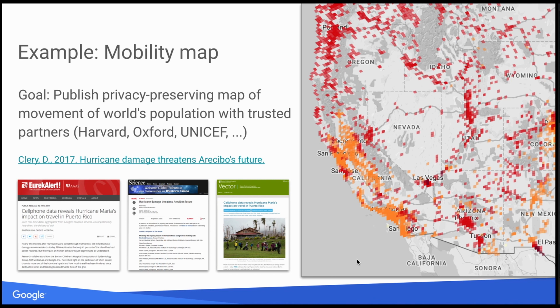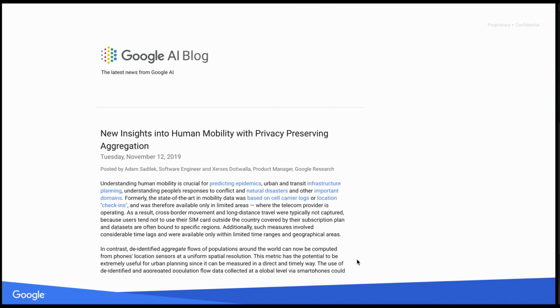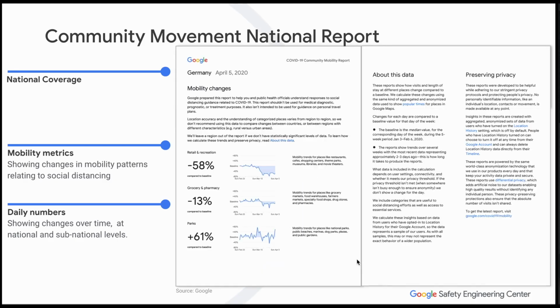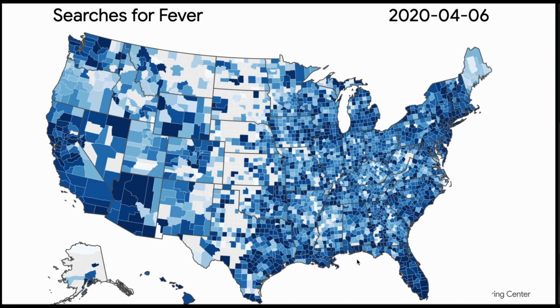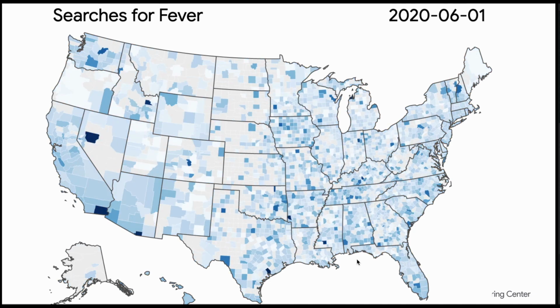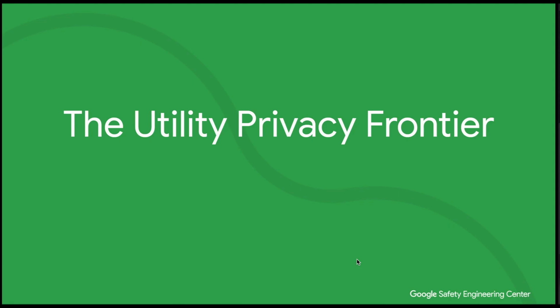Most recently, some of our colleagues published insights into human mobility using the foundational infrastructure we've built. Some more recent examples of products at Google that were built with differential privacy include the mobility reports, and just as of a month ago, the search trends symptom dataset.